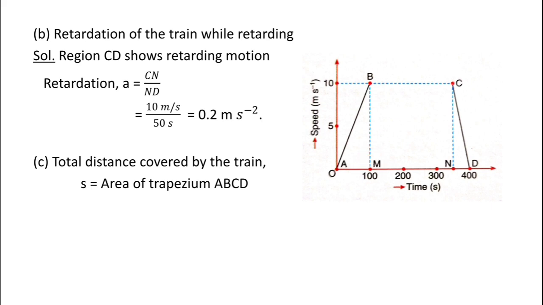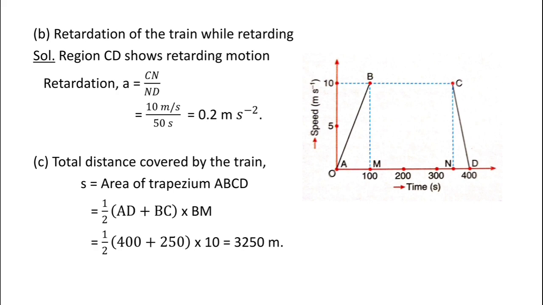So we can write the area of trapezium as half of AD plus BC into BM. Now putting the values, we have half of 400 plus 250 into BM, which is equal to 10. Hence it comes out to be 3250 meter. It means the total distance covered by the train is 3250 meter.